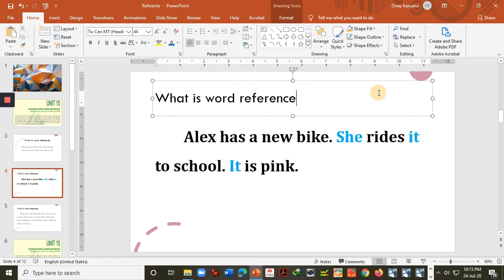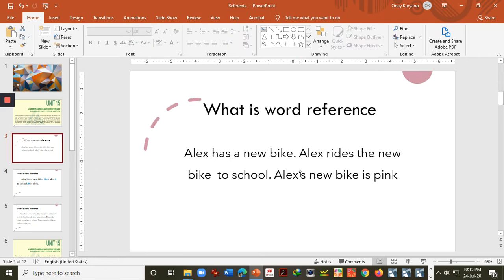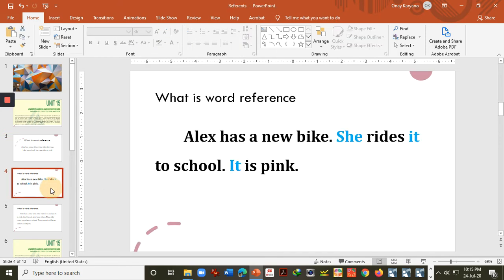So now the sentence becomes better. And then it's pink. It is pink. Or you can also replace this with the word her: her new bike is pink, or you can make it short into it.